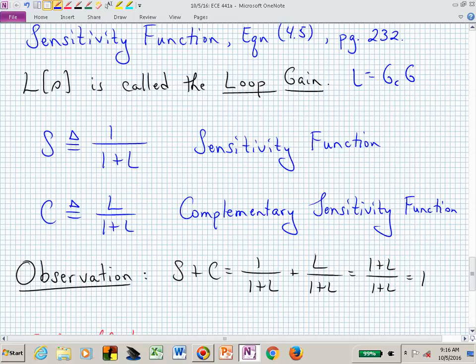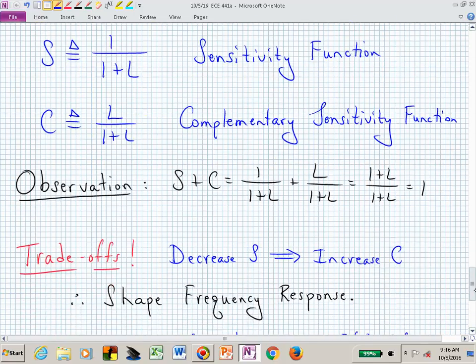It's 1, isn't it? So if I make S big, what happens to C? It has to adjust itself so that the sum is 1, right? So if S is big, C is small. This is leading us to a trade-off.